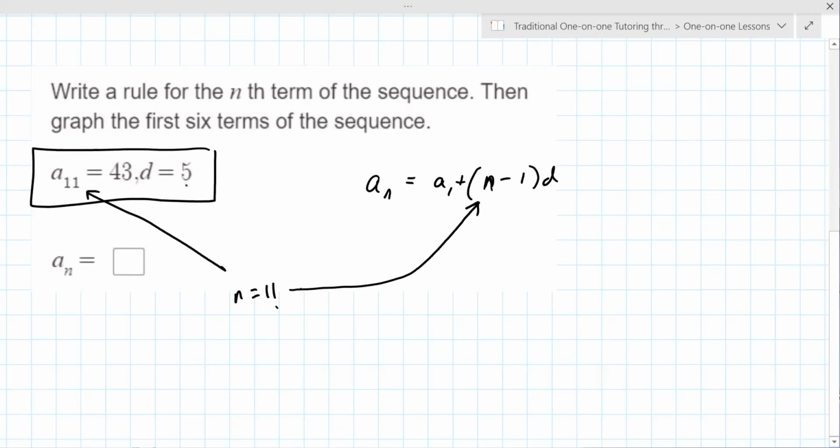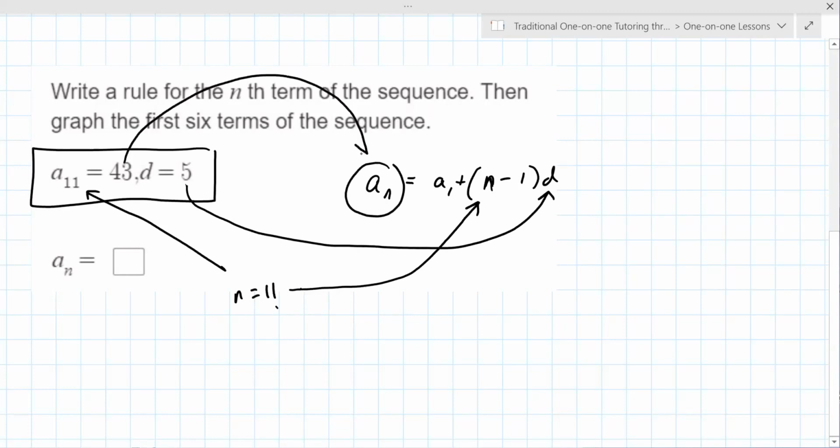We're going to take this value of d, plug it in right there. Instead of an, we are going to take this 43 and plug it right there. So this becomes 43 equals a1 plus 11 minus 1 times 5. Do you follow where each of those numbers came from?